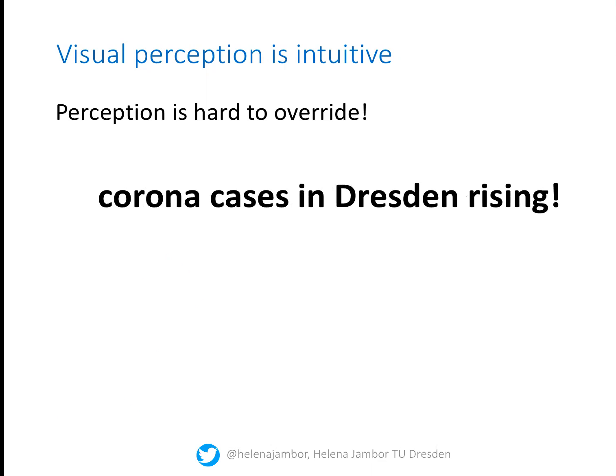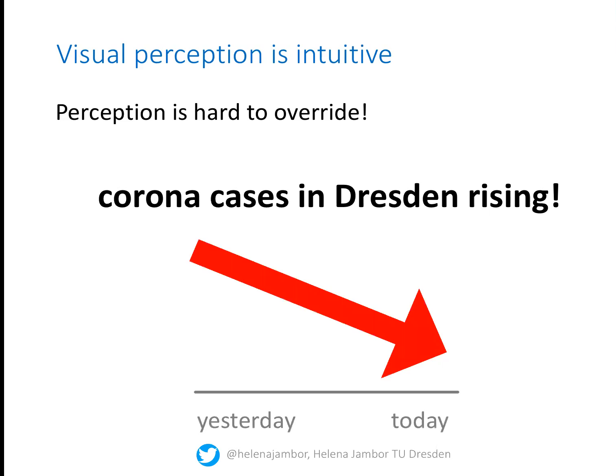Similar here. If I am going to show you a visualization and tell you that in this visualization the corona cases in Dresden are rising, and then the visualization comes and it shows a downward arrow, then your brain will have a hard time remembering that the cases were really rising.